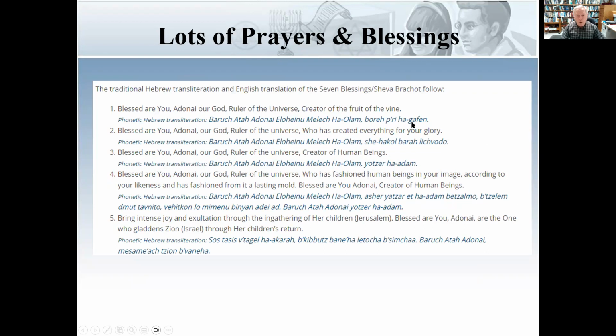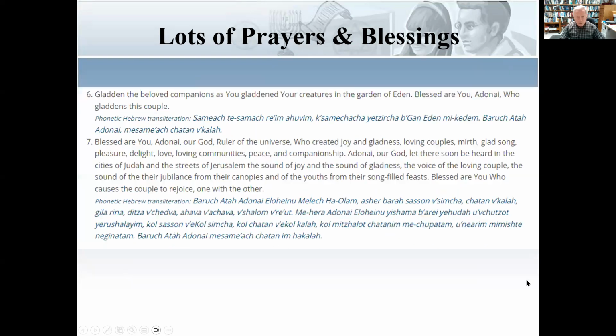The first one for the wine, the second one praising God who created everything, the third praising God, the creator of human beings, fashioning us in God's image. Let's see, the 5th one, talking about joy and exaltation through the gathering of her children in Jerusalem. Blessed are you, the one who gladdens Zion or Israel through a children's return.